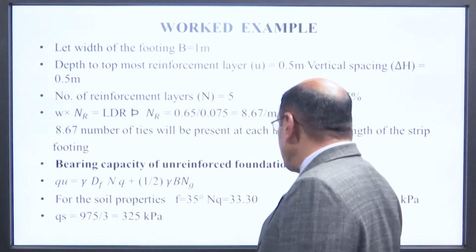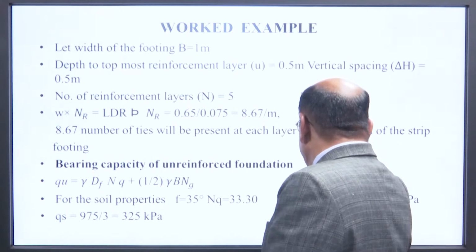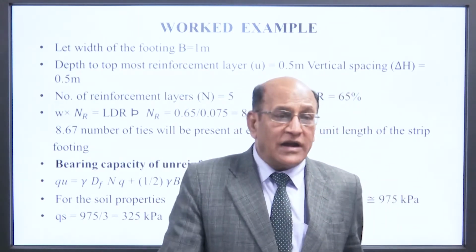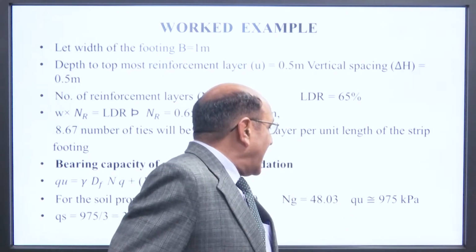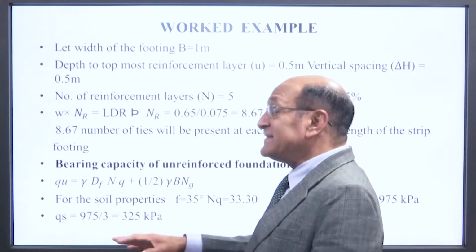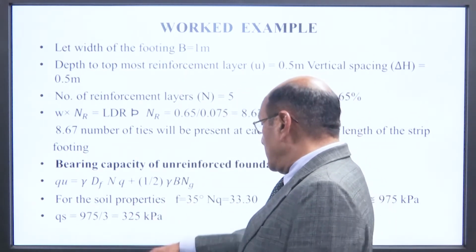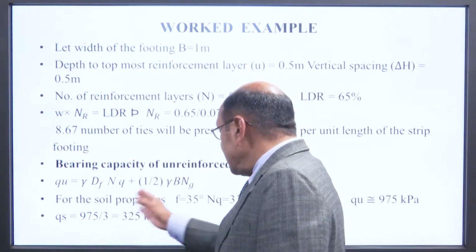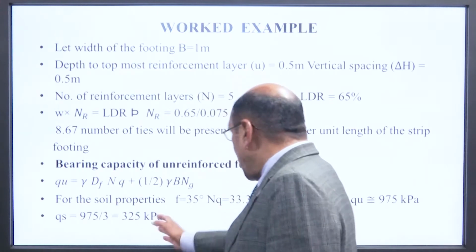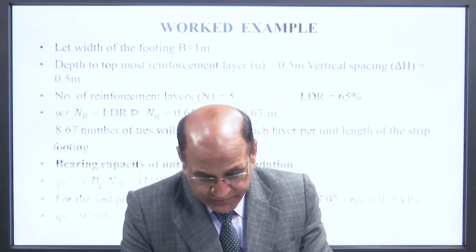For the soil property phi equal to 35 degree, Nq is equal to 33.3, N gamma is equal to 48.03, and qu is more or less 975 kilopascal. For qs, considering the factor of safety of material, we take 975 divided by 3, as given in the question. So that will come to 325 kilopascal.